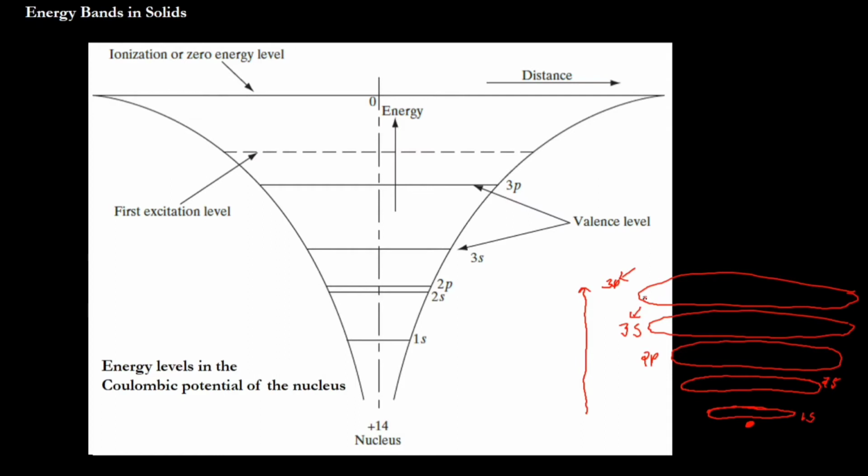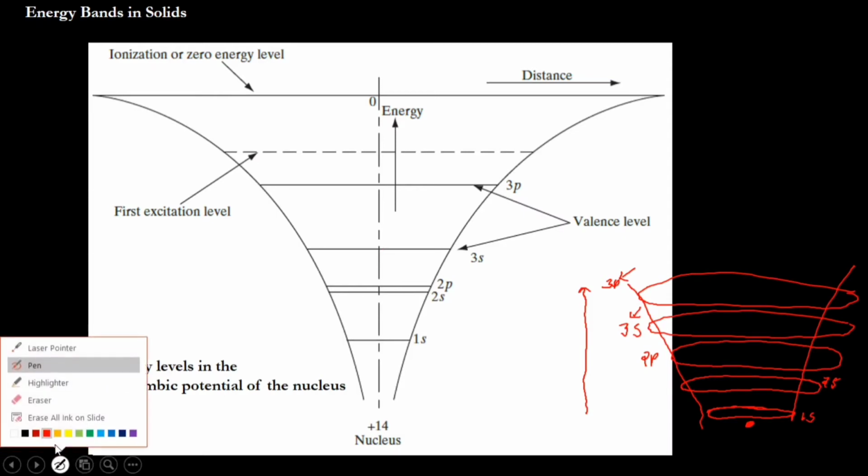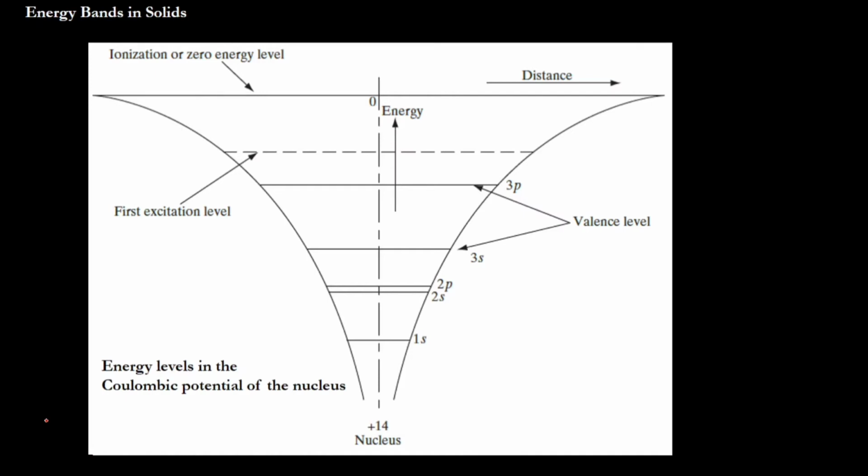So if I draw an energy diagram, it will look like this. That is how this diagram comes. Here you can see the nucleus, and the x-axis is the distance, and energy is increasing.